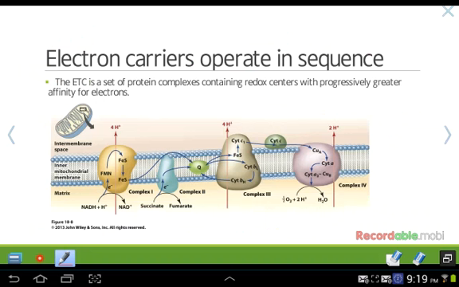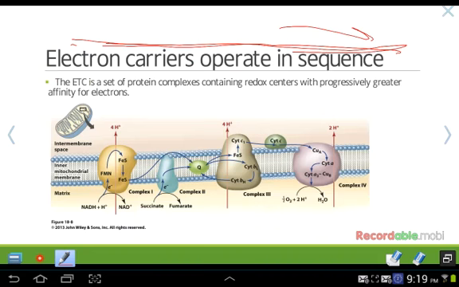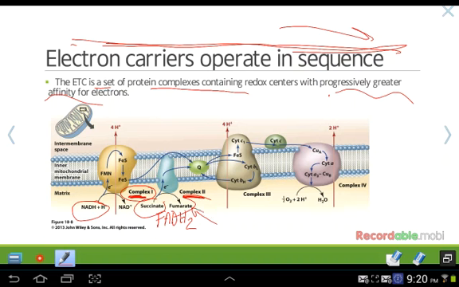Alright, so again, just to reiterate, electron carriers operate in sequence. We want to increase our reduction potential as we go down the sequence. The electron transport chain is a set of protein complexes containing redox centers with progressively greater affinity for electrons, starting with complex 1 and complex 2. Complex 1 transfers electrons from NADH, where complex 2 actually transfers electrons from FADH2 through succinate to fumarate, and we'll talk about that.